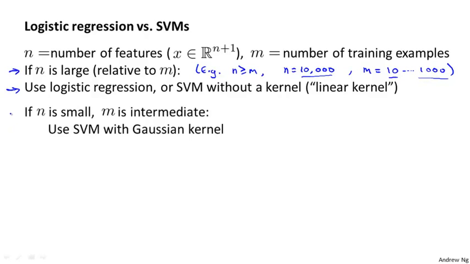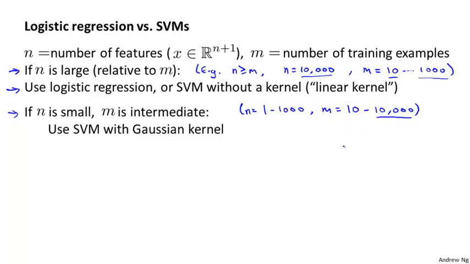Now, if n is small and m is intermediate, so what I mean by this is if n is maybe anywhere from 1 to 1,000, 1 would be very small, but maybe up to 1,000 features, and if the number of training examples is maybe anywhere from 10 to maybe up to 10,000 examples, maybe up to 50,000 examples. So if m is pretty big, like maybe 10,000, but not a million, right?